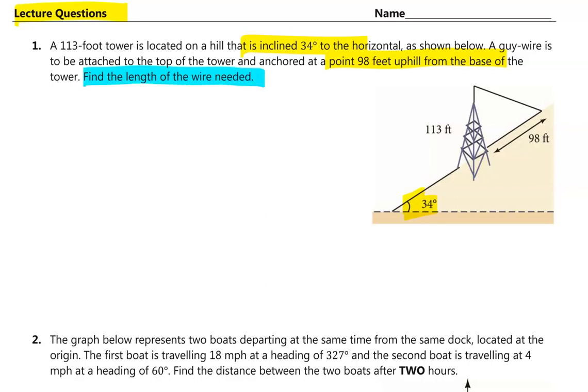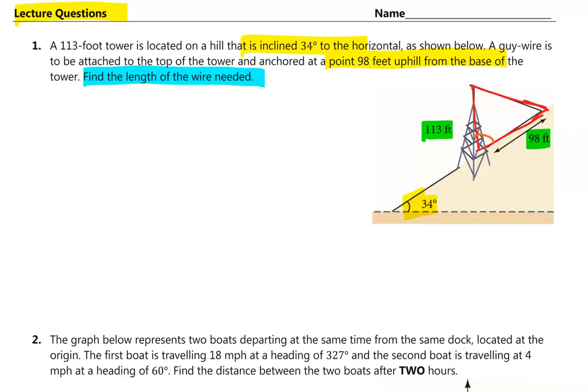And then find the length of the wire needed. So to solve this, we are using this triangle here. We have the two sides, 113 feet and this is 98 feet, and we can get this angle here.